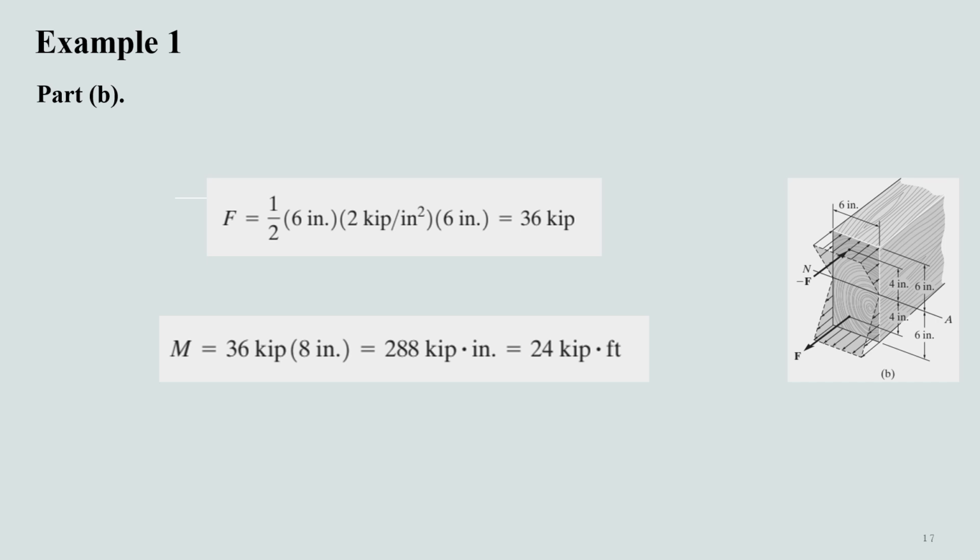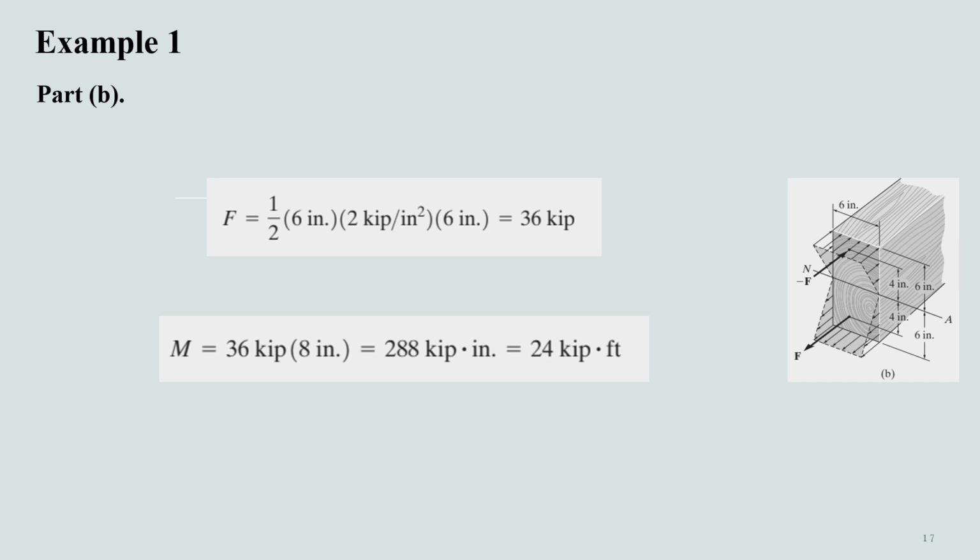Now we have to determine the moment using basic principles. If we have a stress distribution here, we can determine the area of the stress distribution. As the distribution is triangular, this will be 1 by 2 into 6 inches into the intensity of 2 kip per inch square.